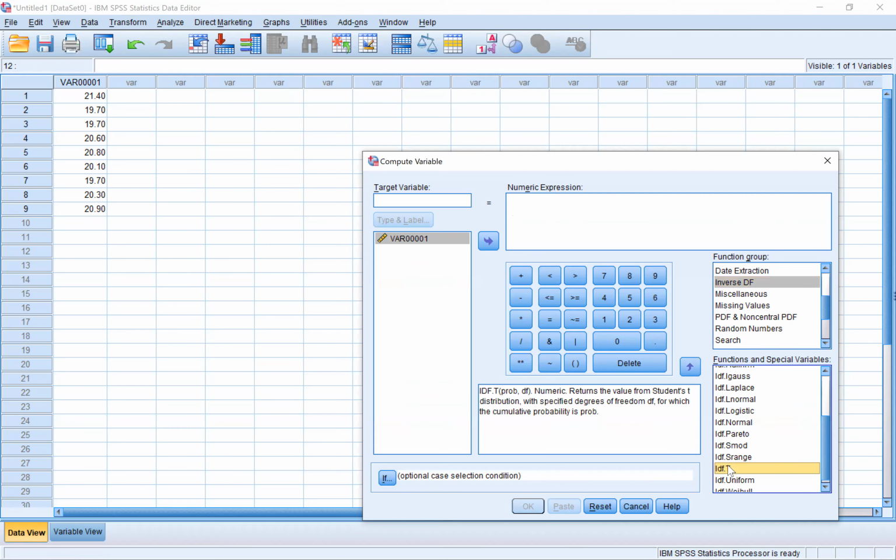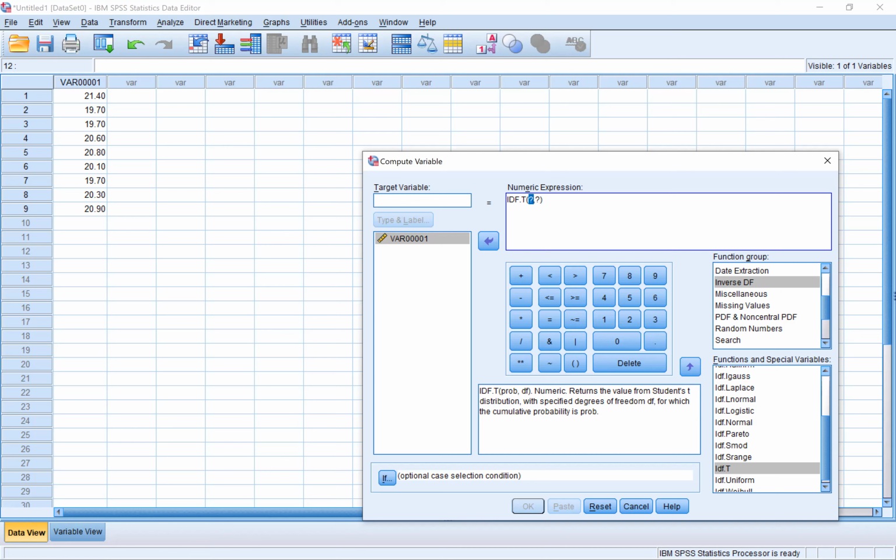I go to inverse t, and I have to specify a probability. Since it computes the cumulative probability, in order to get the t critical such that t is greater than that, I'll actually be computing t less than that critical value.